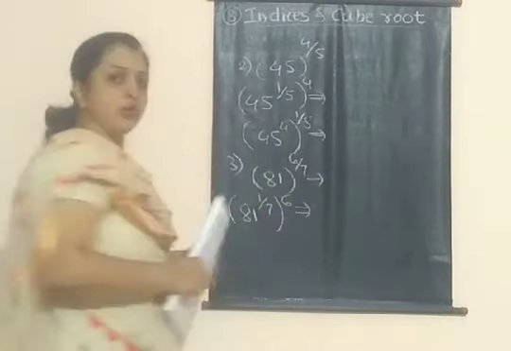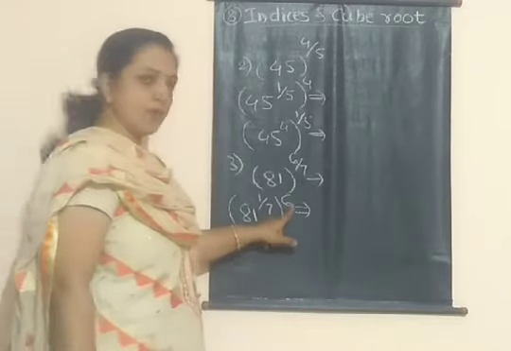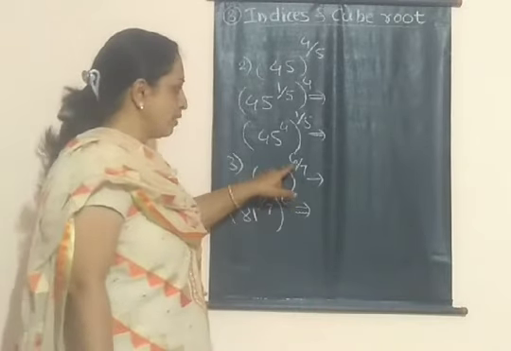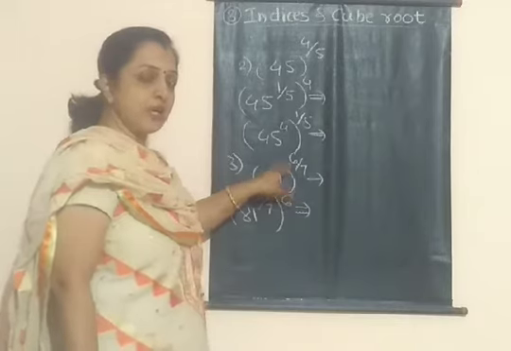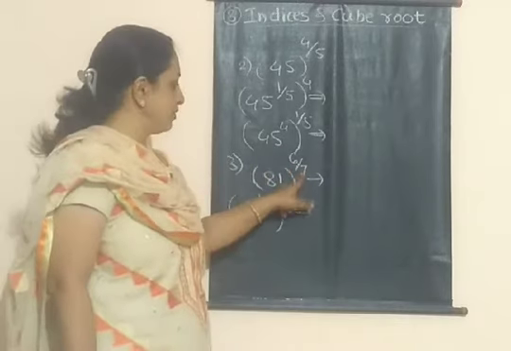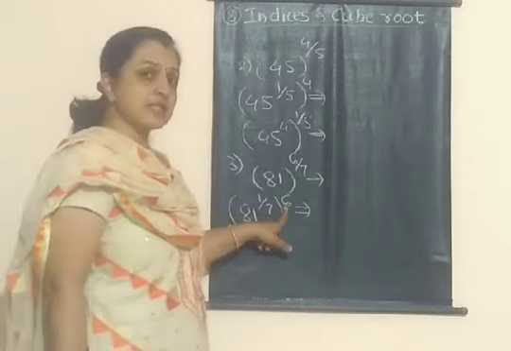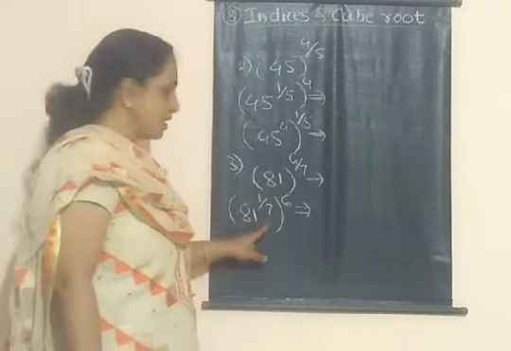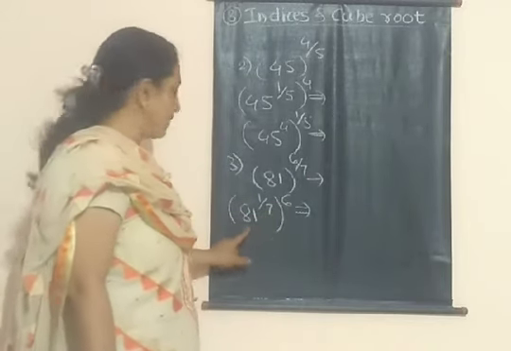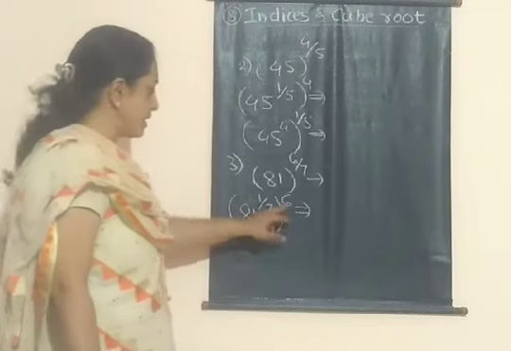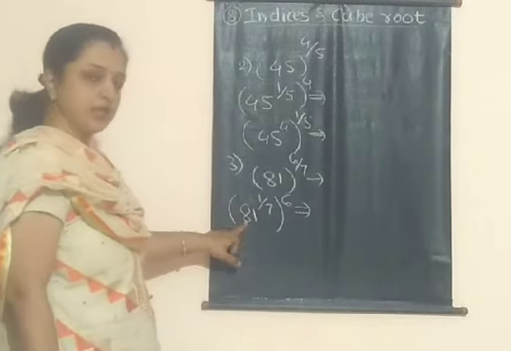Now how to read this? Start from here. I again told you that the number at the numerator should be the power, and the denominator should be the root. So this is the 6th power of the 7th root of 81.